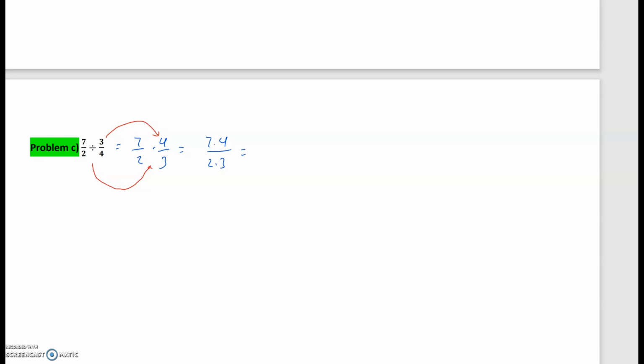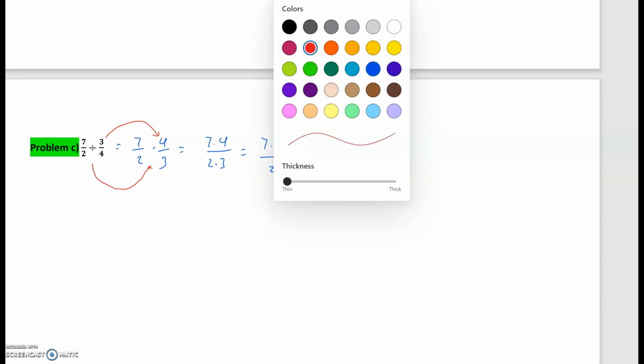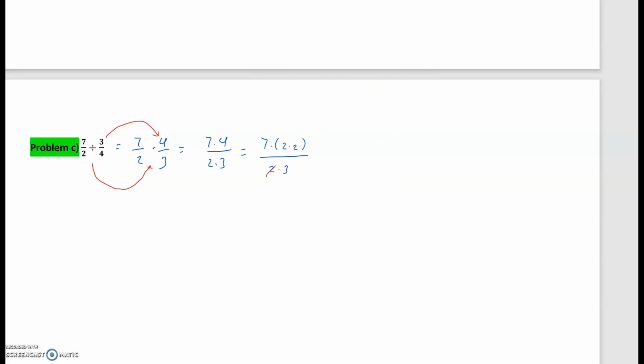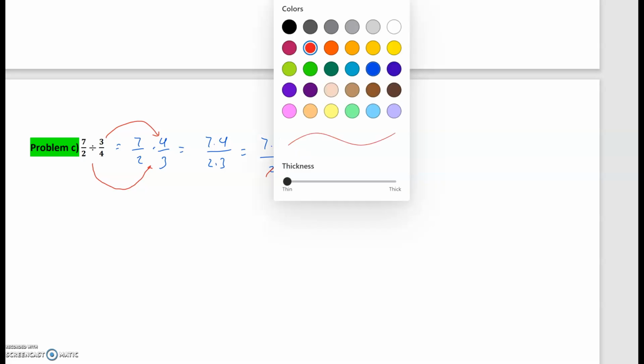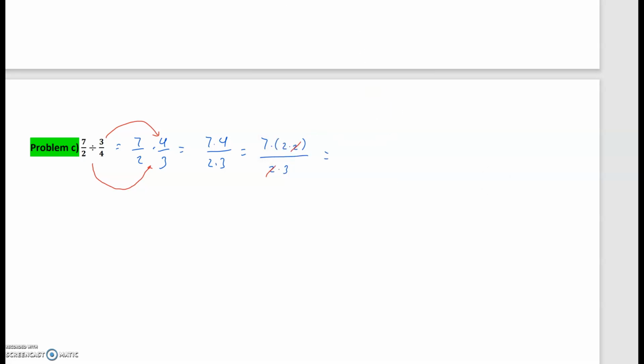And then before we multiply, I'm just going to cancel common factors. So on the top, you have 7 times, technically, 2 times 2, over 2 times 3, which at this point, you can cancel the 2's. So we're going to be left with 7 times 2 over 3, or 14/3.